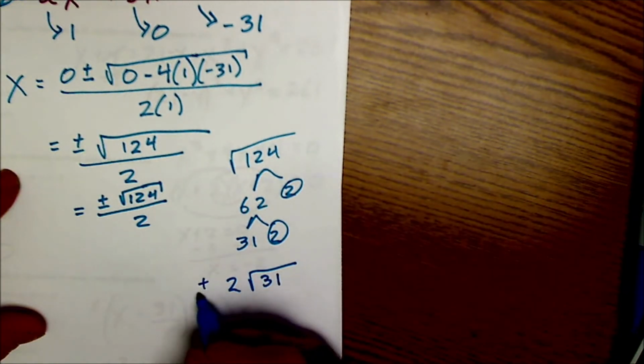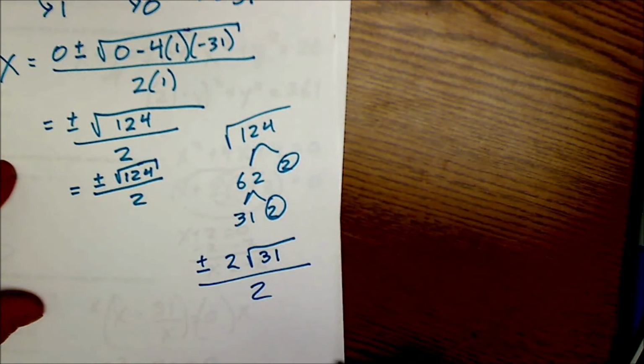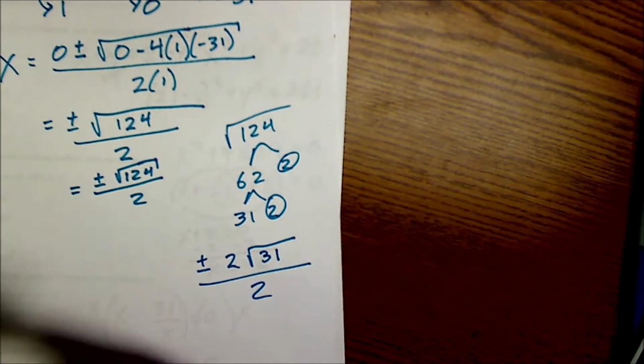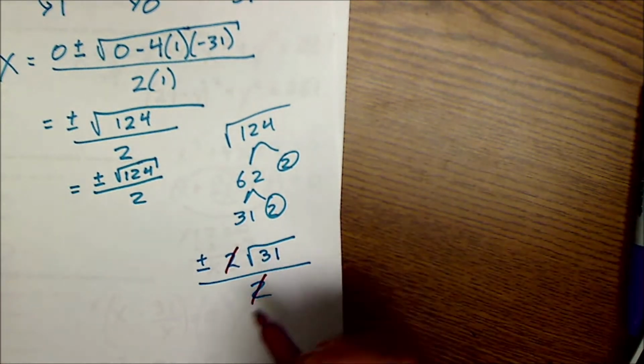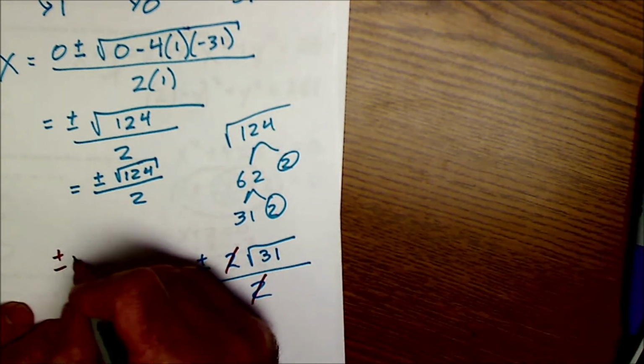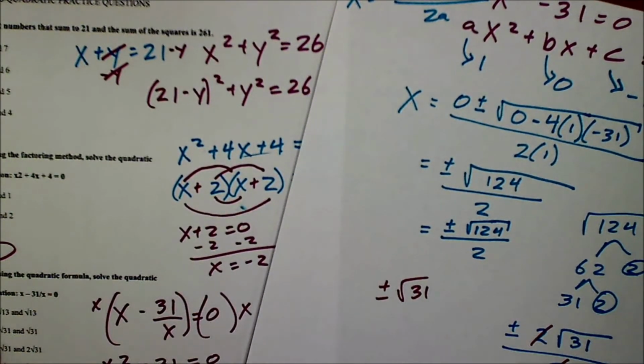So I have plus or minus 2 root 31 all over 2. My 2's will cancel, giving me plus or minus root 31. Let's see, those solutions are there. There it is right there, positive root 31 and negative root 31. So that's my solution to 3.